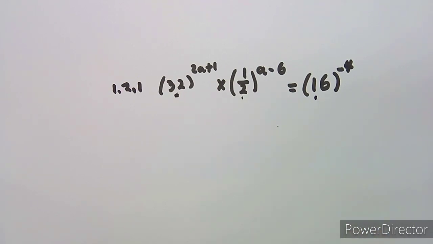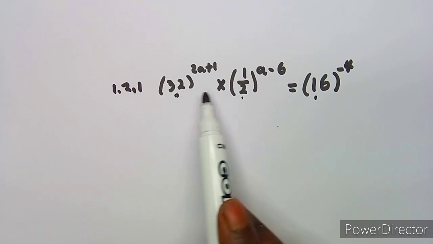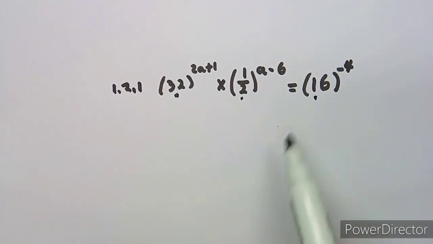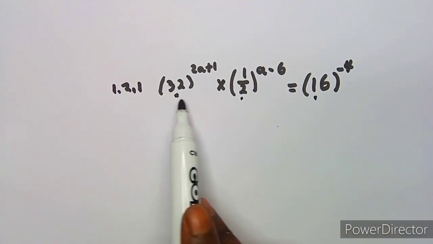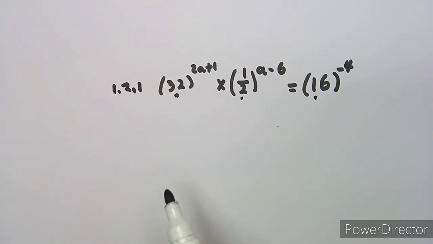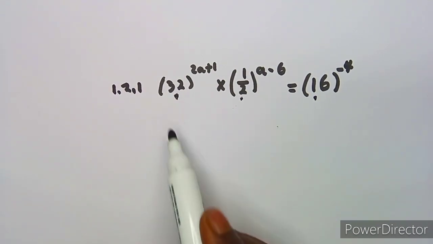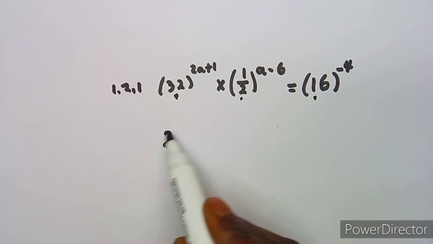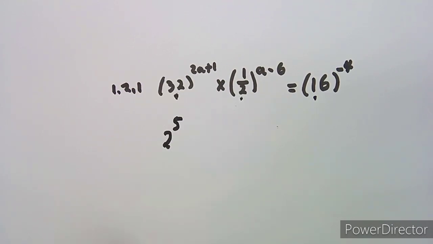So which is the simplest base that we can use between this 32, this 1 over 2, and this 16? Definitely it's base 2. So that means this 32, we know that is 2 to the exponent of 5. That is 32 for you.